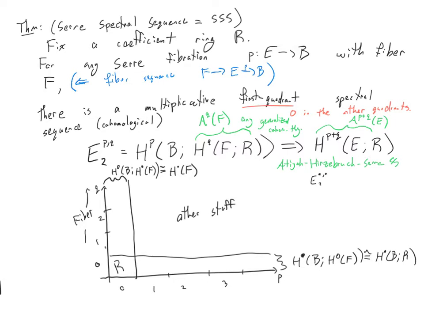But in that case, you don't get that it's first quadrant, because generalized cohomology theories can have stuff in negative degrees, unlike ordinary cohomology theories.